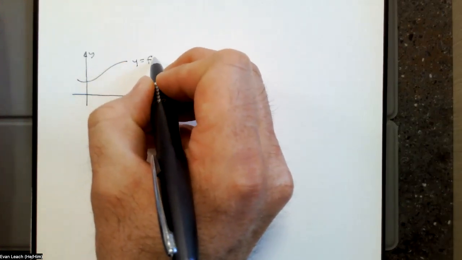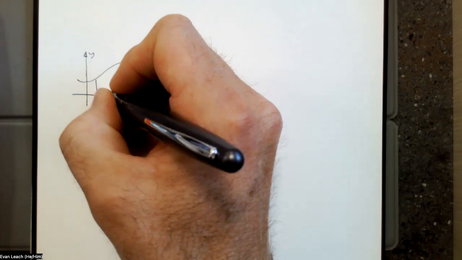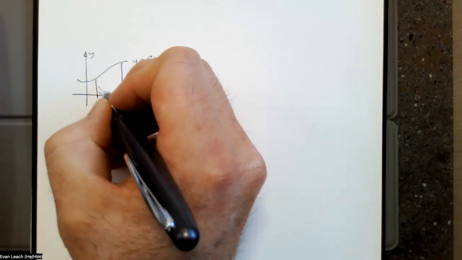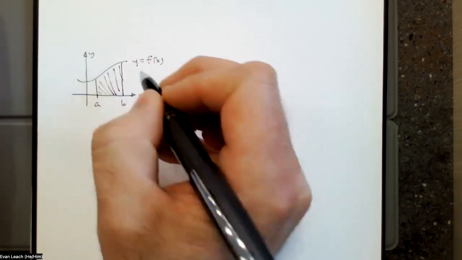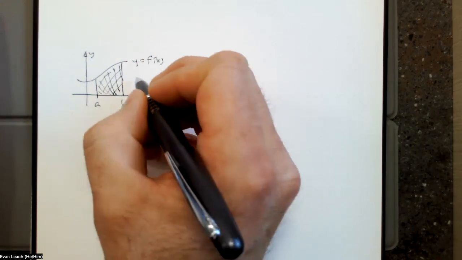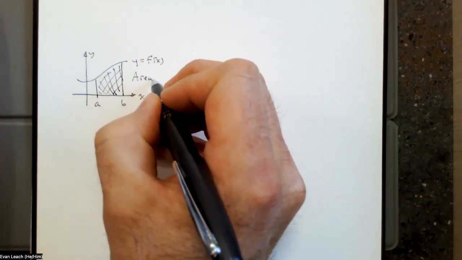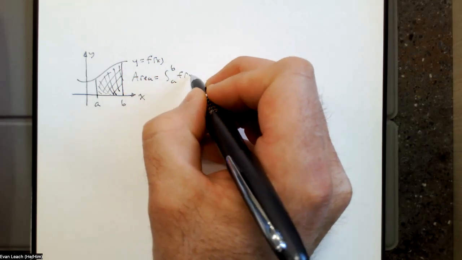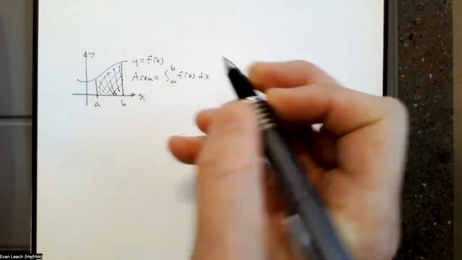Y is equal to some function of x. I've got an interval from A to B. And we know that the area is the integral from A to B of f of x dx.